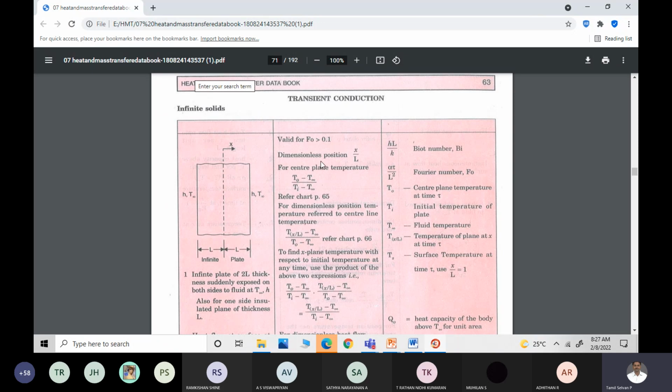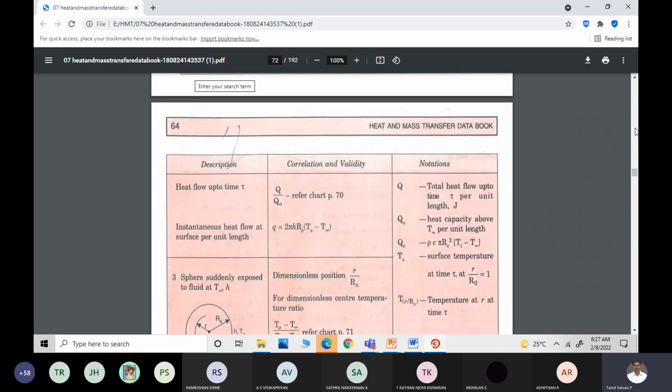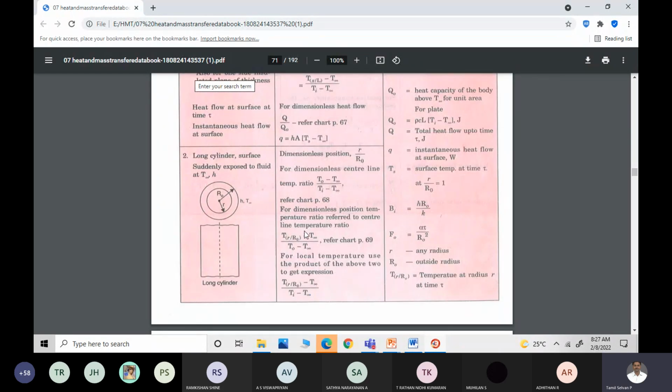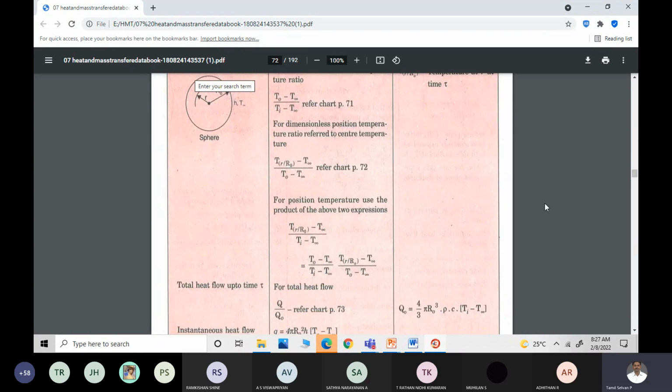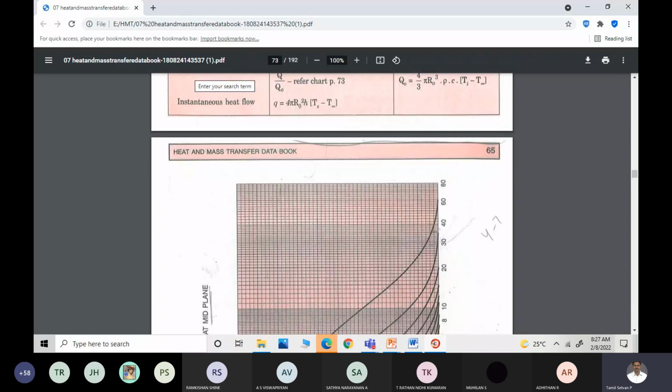So you have to refer to chart numbers 65 and 66 for the infinite solid, charts 69 and 70 for long cylinders, and charts 71 and 72 for the sphere.